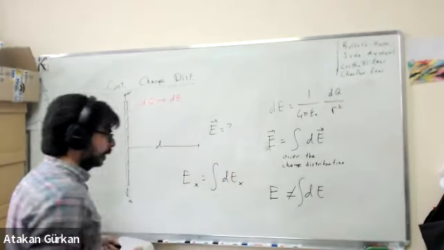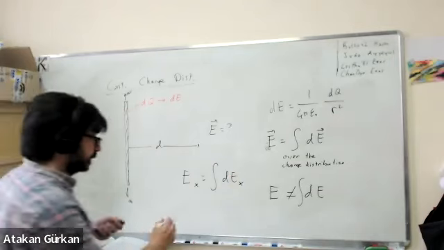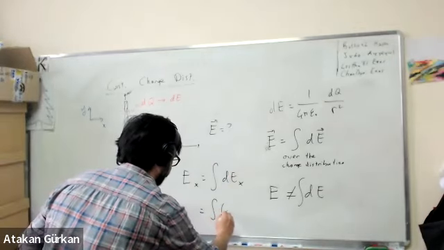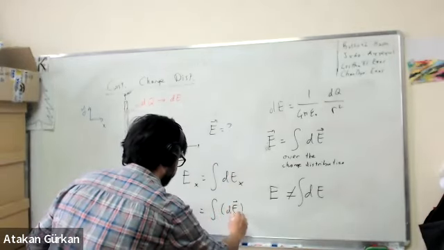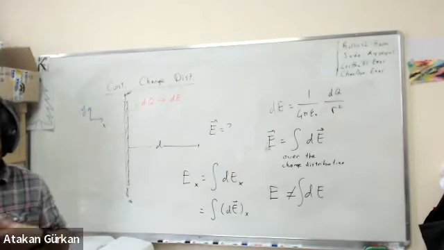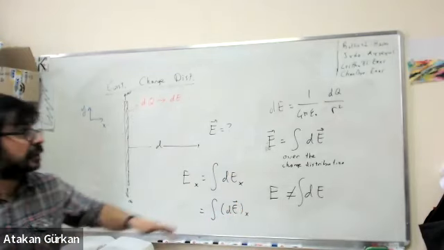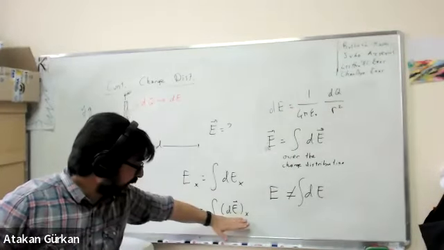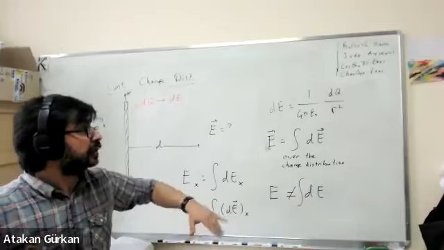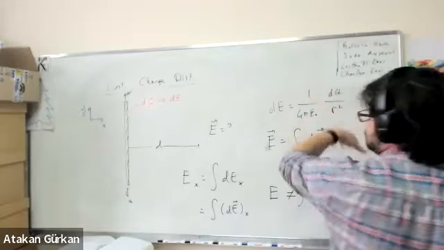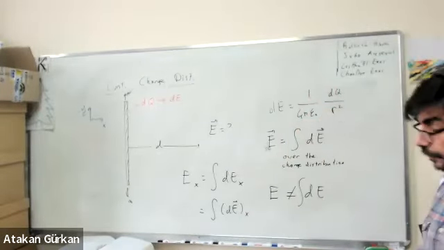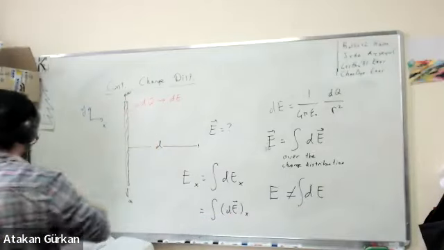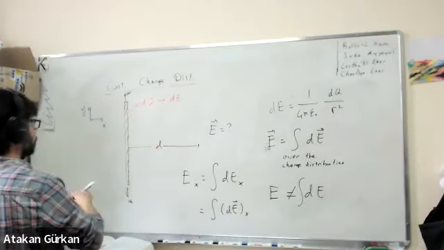Okay. And how do you do that? Well, this is just the x component of whatever electric field is being produced by this little charge. So to get the x component of the electric field, you calculate the magnitude, and then there's going to be some geometric factor. Like, for example, in this case, let's say that I'm trying to calculate it here.